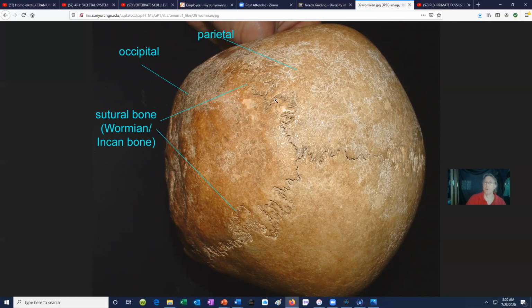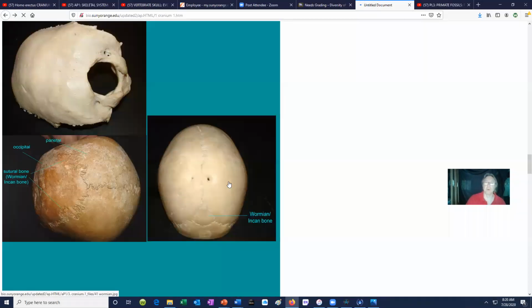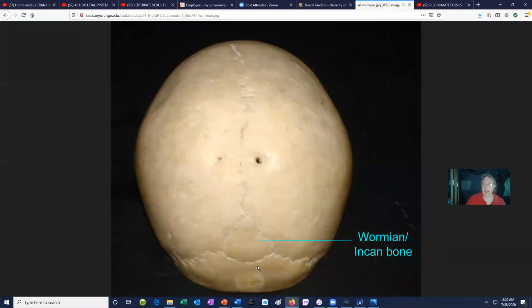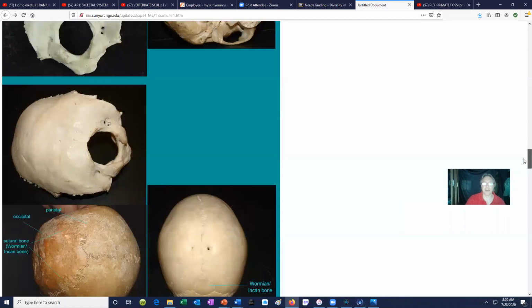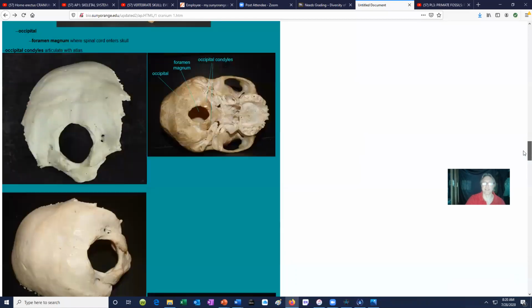These could be called wormian bones or sutural bones or Incan bones. And they are common enough. And so you might have a different number of bones in your skull than, say, the person next to you, because you might have these wormian, Incan, or sutural bones that the person next to you doesn't. And so this then is the occipital bone.